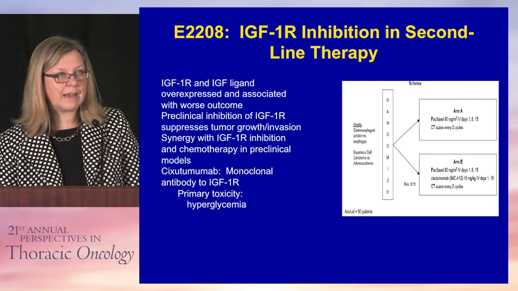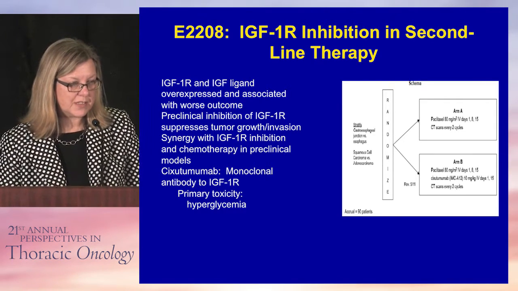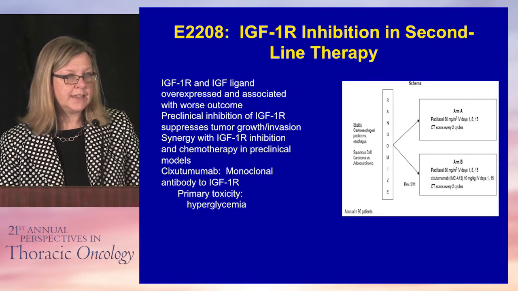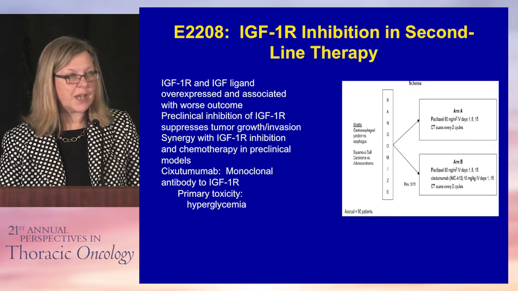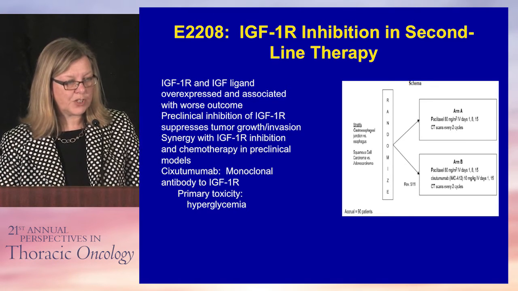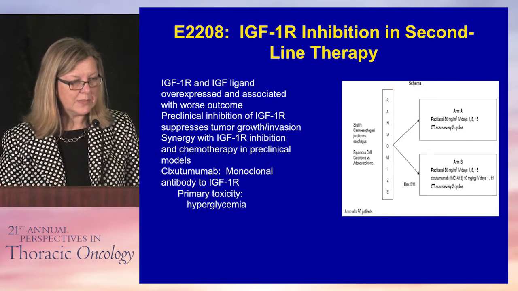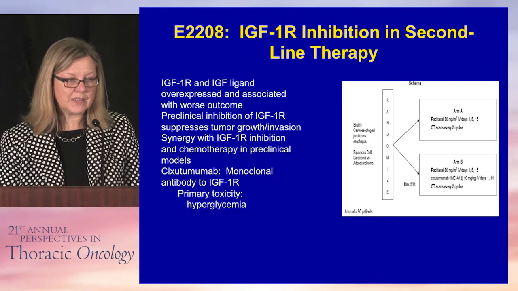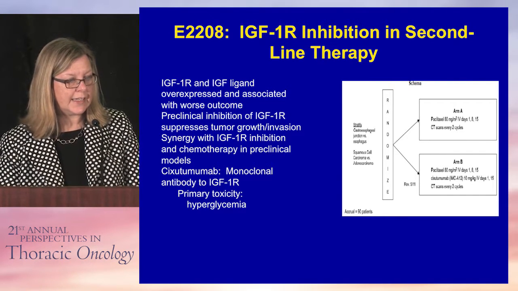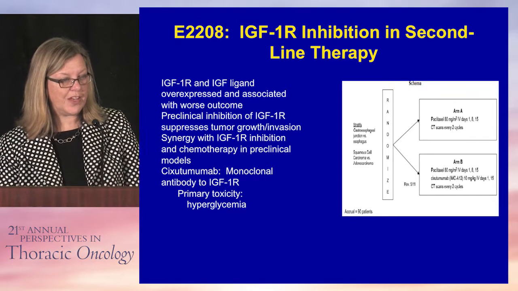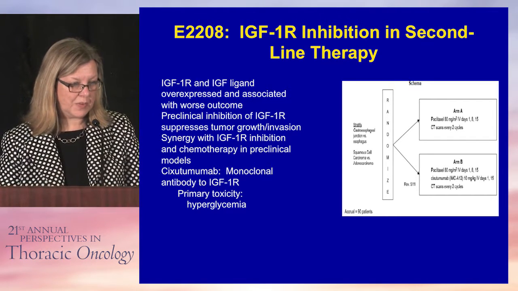Another receptor tyrosine kinase target that's been of interest in esophageal cancer is IGF-1 receptor. This receptor and its ligand are overexpressed and associated with worse outcome in esophageal cancer. Preclinical data had shown that if you inhibit IGF-1R signaling, you can suppress tumor growth and invasion, and that there's a synergy with chemotherapy.